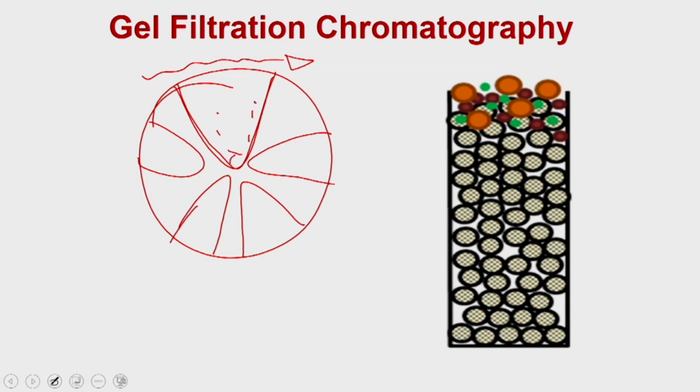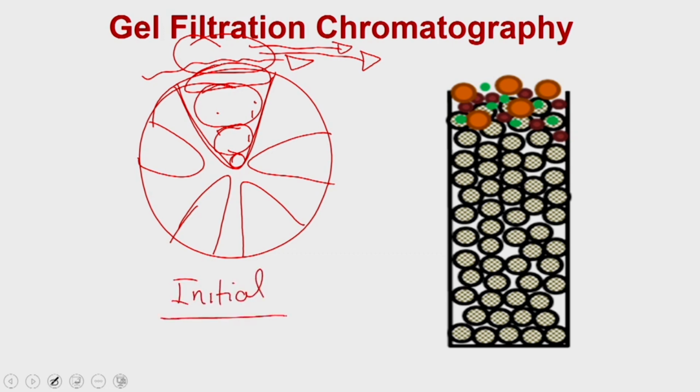So, the smallest molecule is going to sit at the bottom of the bead, whereas the molecule which is larger than this is going to sit on top of it, and the molecule larger than this is going to sit on top of that, and the largest molecule is going to sit on top of this, and the molecule which is even larger than this is not going to enter into the pore, and it will go away along with the buffer.